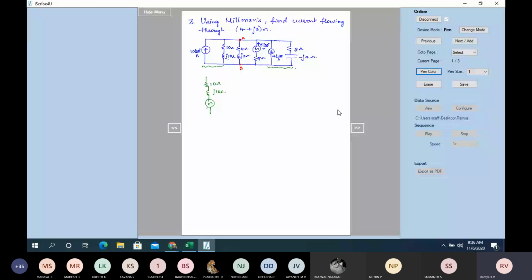This will be equivalent to 10 at an angle 30 into 10 plus j10. So what do you get? What is that value, guys? This is 5 at an angle 30, this is 5 ohm.